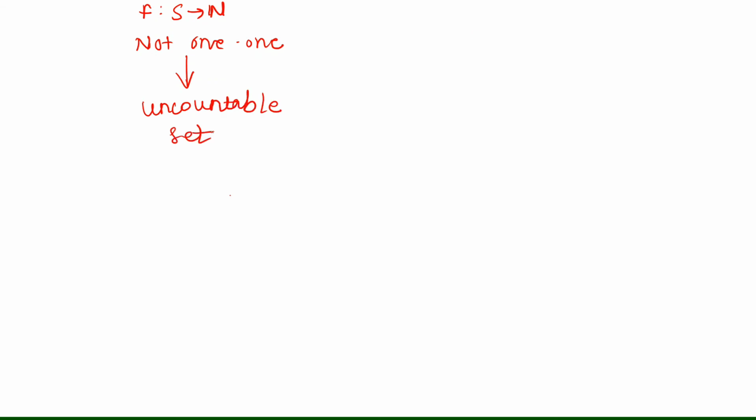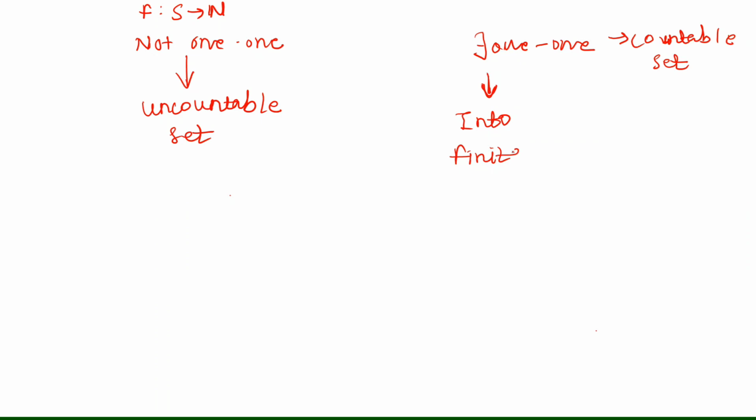And when there exists at least one one-one function, then it is a countable set. And if that function is into, then it is a finite set. And if every one-one function is onto, then that is a countably infinite set.